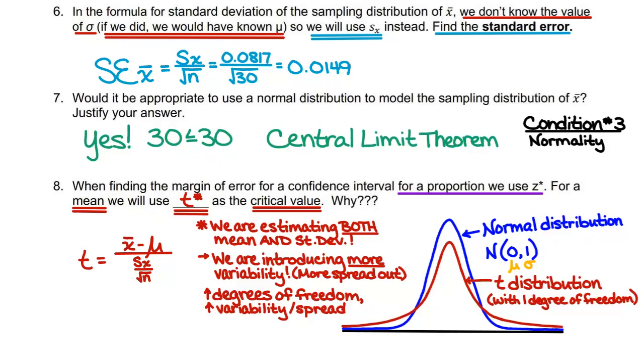It's going to have more variability, so how would that affect my graph? Would it be as tall? No, that peak is going to come down because where does that extra space go? It goes out to the side. So as it gets shorter this way, it gets wider this way. It still has an area of 1 under the curve. So if I'm spreading out here, it's got to come down. Is there a limit on how many degrees of freedom we can have? Technically, no.